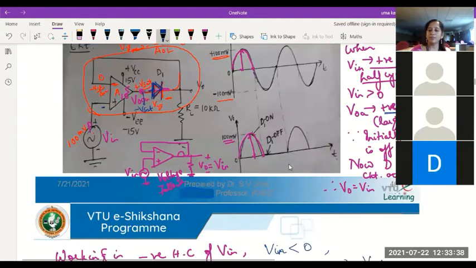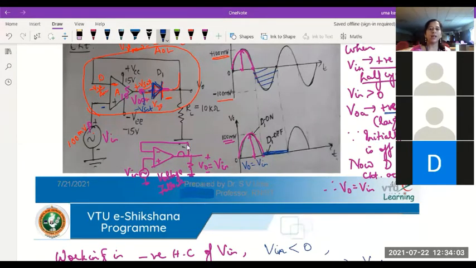And you have observed the same thing in the waveform. During the negative half of the input, the output remains 0. During the positive half, the output follows the input, and during the negative half of the input cycle, when the diode is off, the output remains 0. Is this clear?